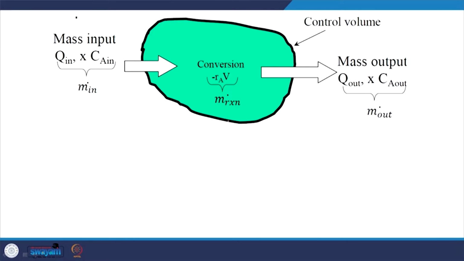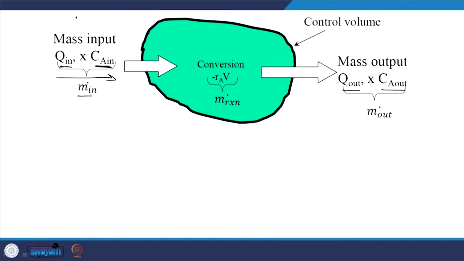So, here we have the control volume. And what do we have? If this is my wastewater treatment plant's reactor, I have mass coming in due to flow Qin and the concentration of the compound in that input flow, and similarly flow out and the compound going out along with that flow.